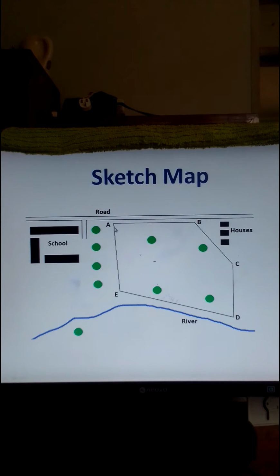So the first thing you do is take the forward bearing, that is the bearing of line AB. You stand at A and you sight on the ranging rod that is placed at B and take the bearing of line AB. We call it the forward bearing.